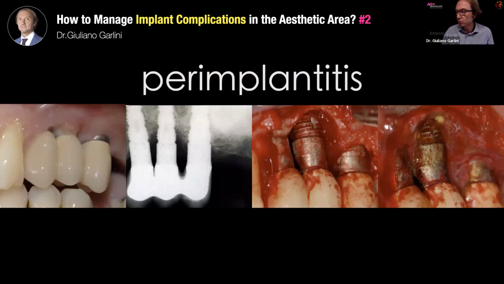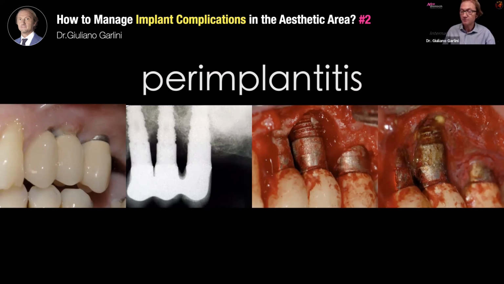But the worst situation in the anterior area is when you have to make a surgical approach. Sometimes you are obliged to perform a surgery in the anterior area because of the deep resorption of the bone, because of the amount of suppuration. So you have to perform a surgery.